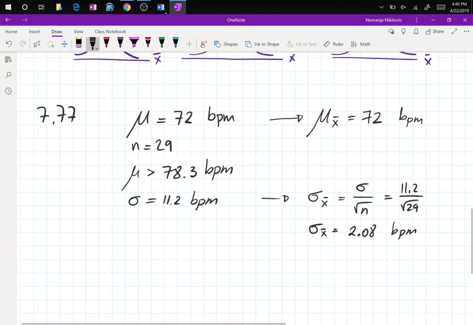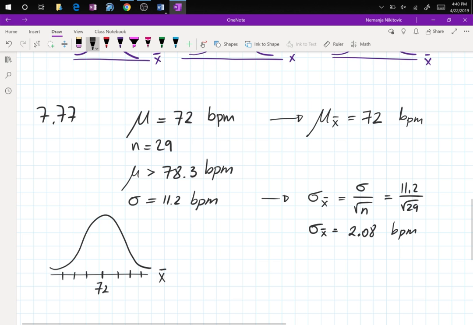So now our distribution, which is now a normal distribution, in the middle is going to have 72, and then 1, 2, 3 standard deviations on each side, and you can add 2.08, right?